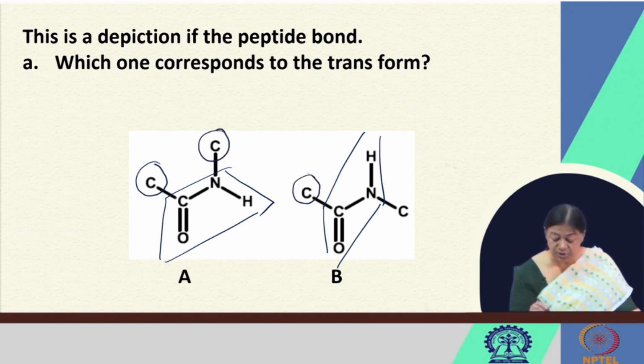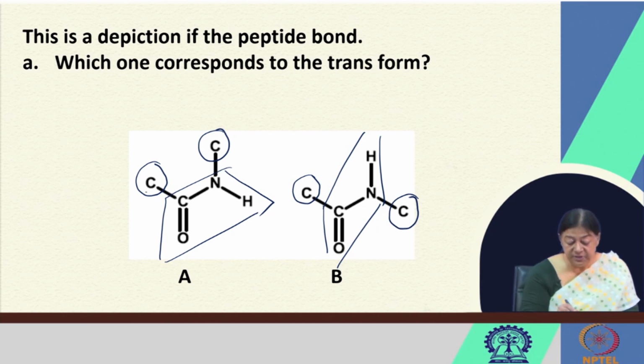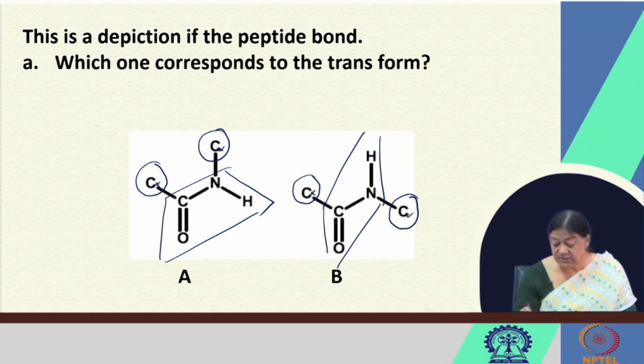So, these are the positions of the alpha carbon. We realize that this is the previous amino acid linking up with the next amino acid. So, this is our C alpha atom, this is our C alpha atom. Again, this is our C alpha atom, this is our C alpha atom, both of these connected through peptide bonds.